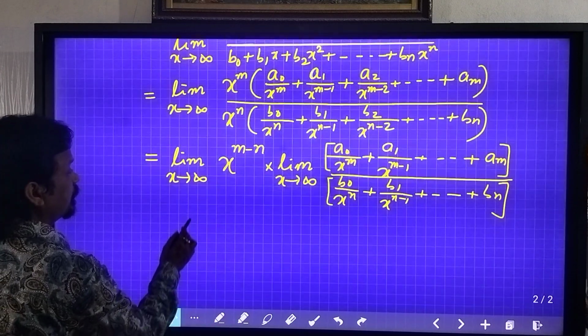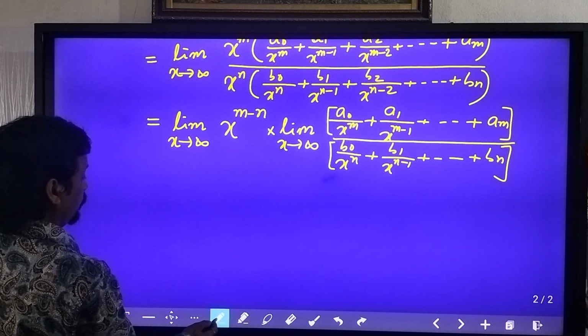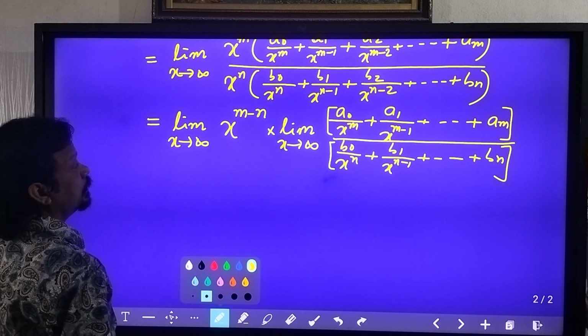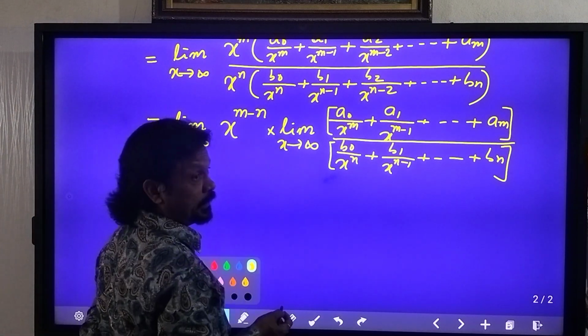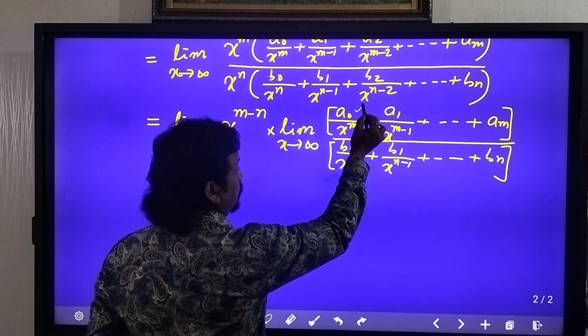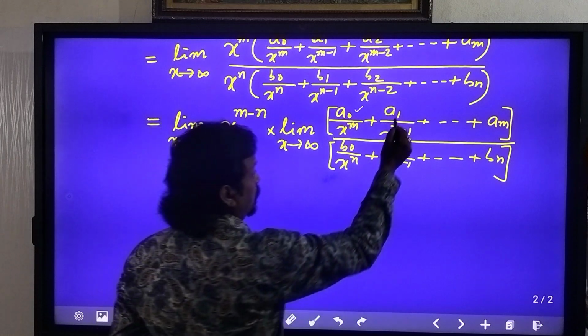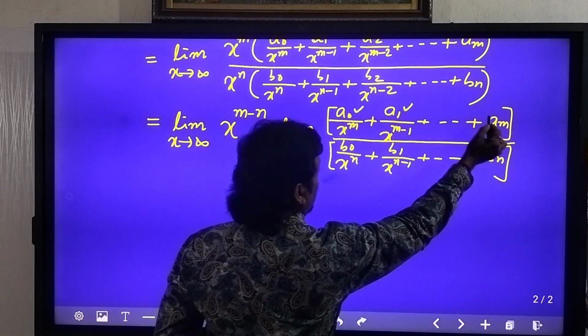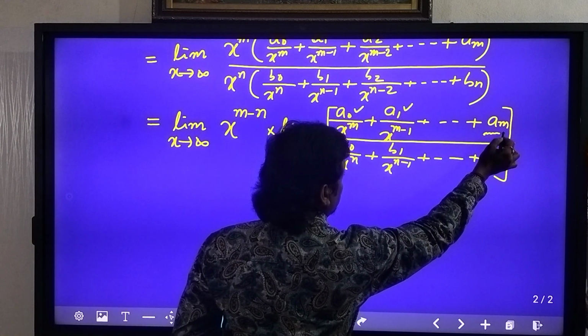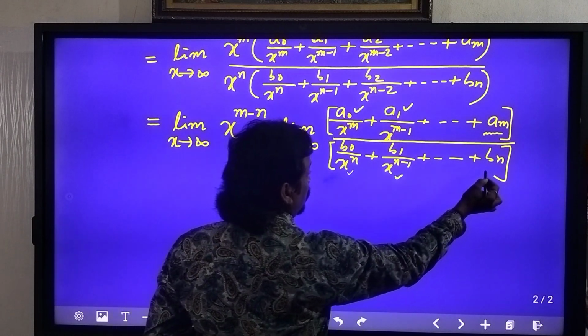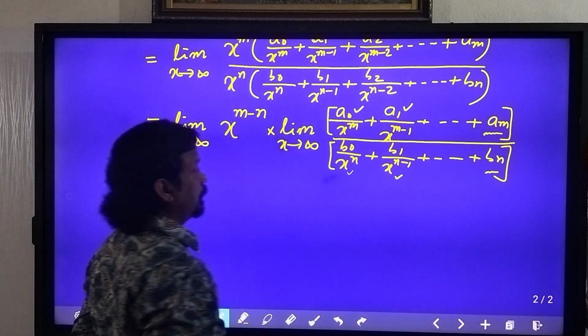Now see here, the very interesting thing is that if we put x equal to infinity, this term will become 0, because a naught by infinity will become 0, this one becomes 0, and only this term remains. Similarly in the denominator, this term will become 0, this term will become 0, only bn will remain.